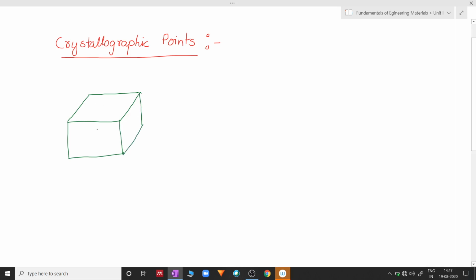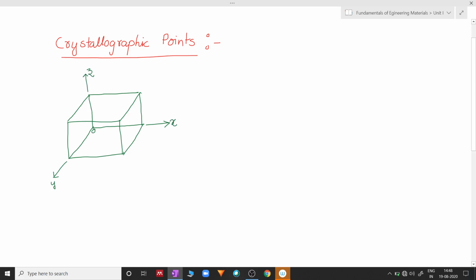Now let us say this is the x axis, y axis and this is the z axis.